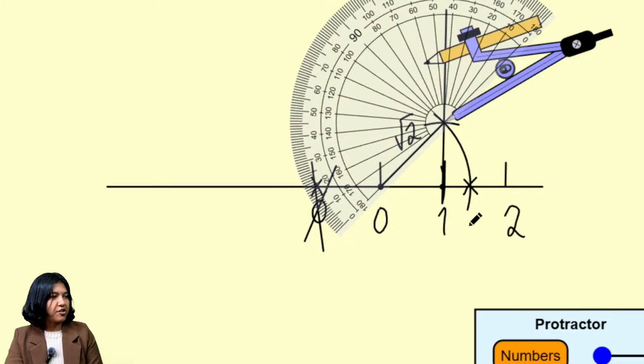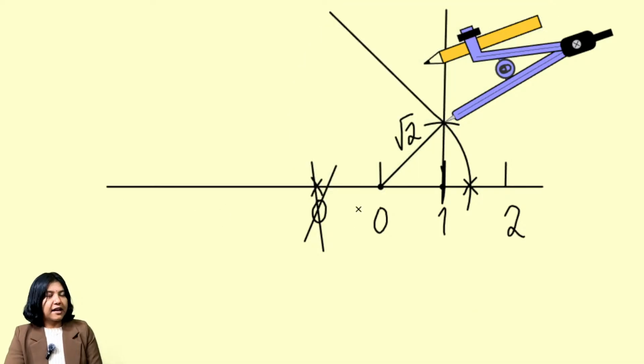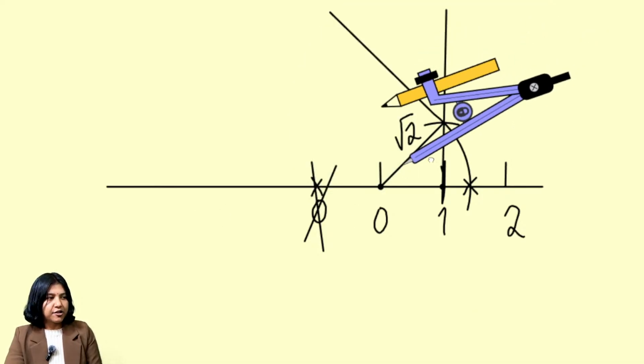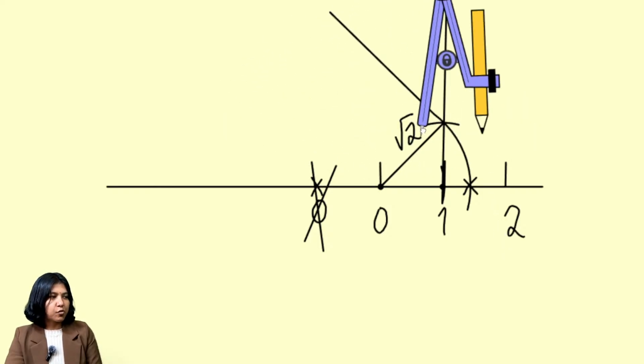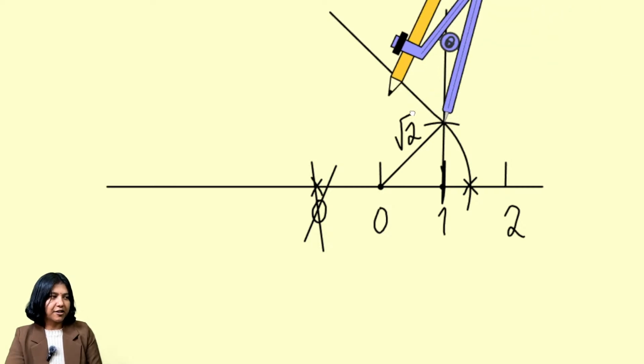This is how I'll measure 90 degrees. Well, this is the 90-degree line. Now, because I have drawn a perpendicular line and I have measured 1 unit by my compass, I am going to measure 1 unit on this perpendicular length.